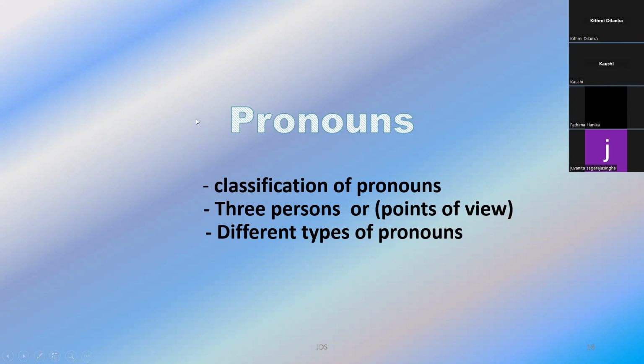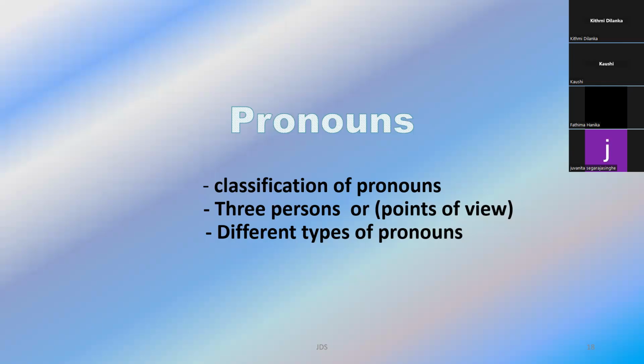So how adjectives need to be ordered when there is more than one, the order that we need to adhere to. Right, so that's about adjectives.